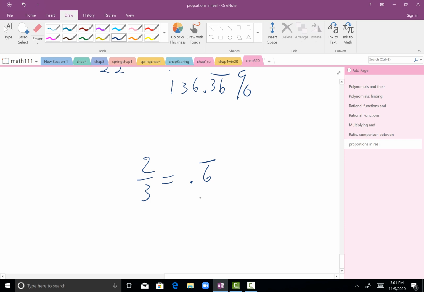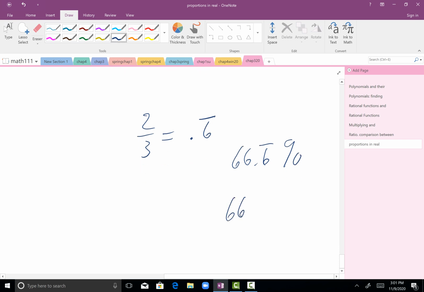So then if you moved it twice, you'd have 66.6 repeating percent, but that's the same as 66 2/3% because 0.6 repeating is 2/3. So those 2/3 and 1/3 are things that you kind of know are going to be your repeating decimals, and that makes it a little bit easier. If you just know those things, you don't have to worry about multiplying by 100 and changing it to an improper and then changing it back. You don't need to do any of that stuff if you just know that 2/3 is what it is.